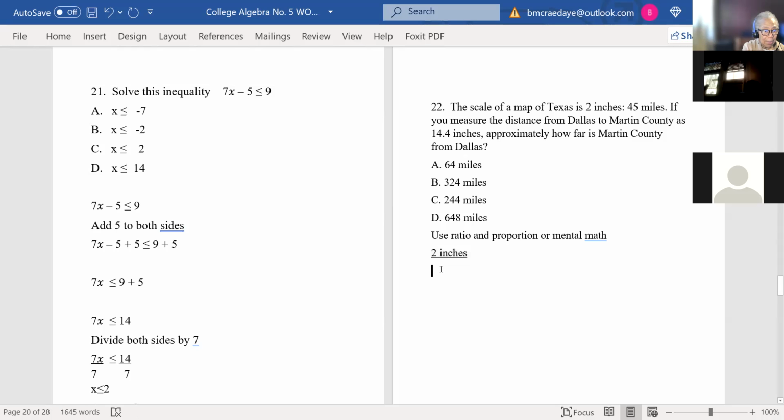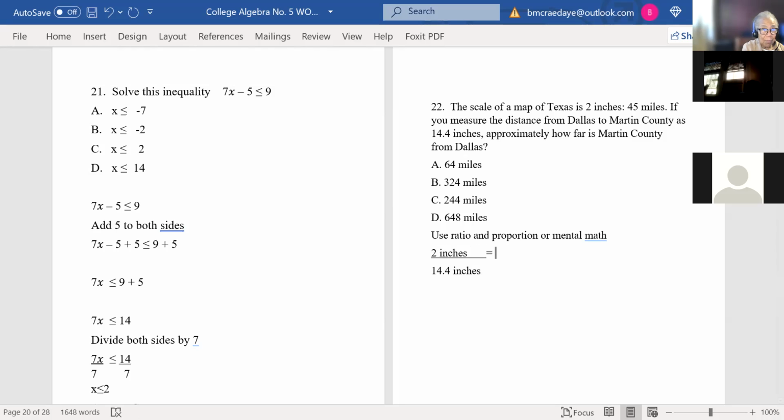So let's put that there. And it's good to put your units, so that way you don't get confused. That's right. Okay. Now that's equal to what, Latoya?